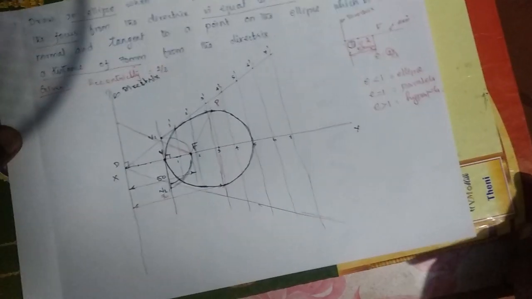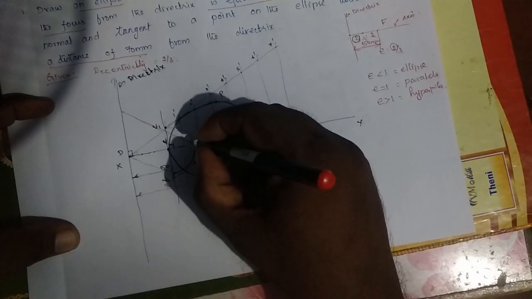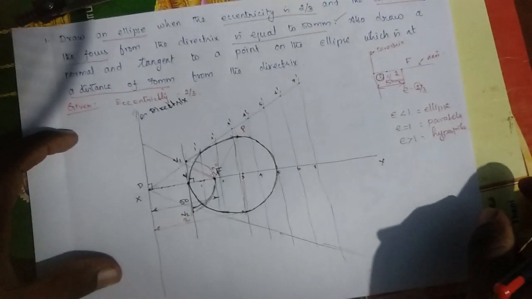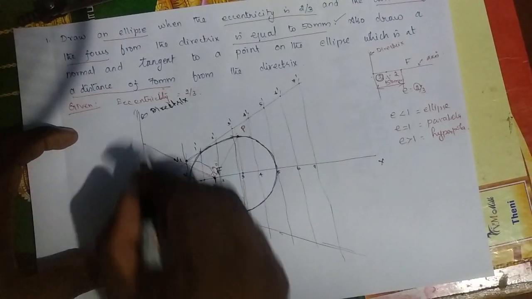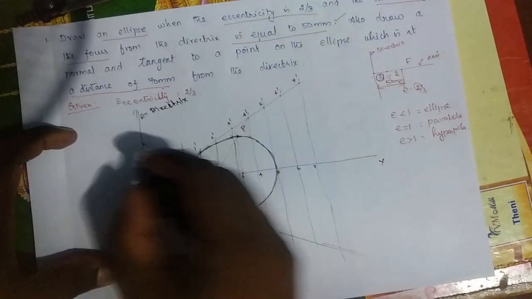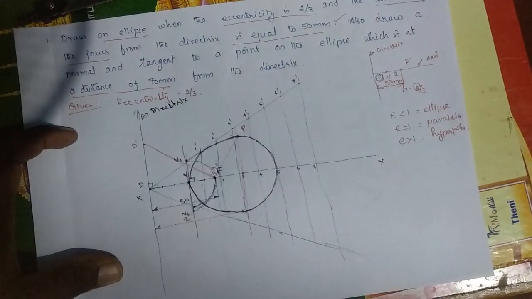This should be 90 degrees. So from P to F we have to draw the perpendicular line which will meet the directrix, and at that point you have to mention D dash.